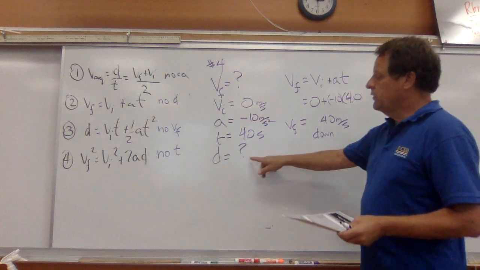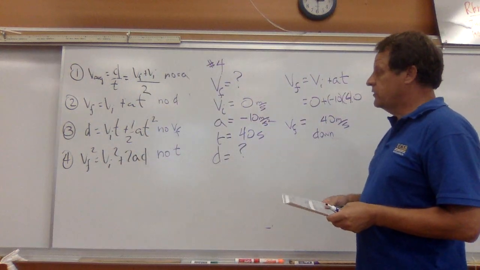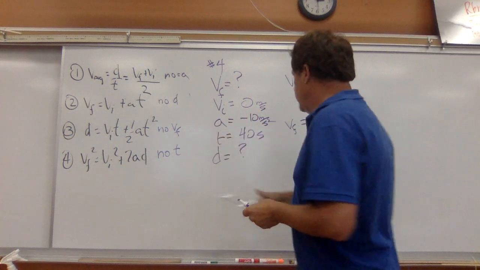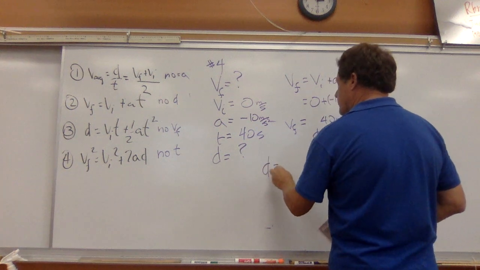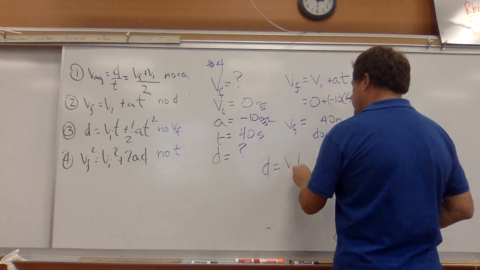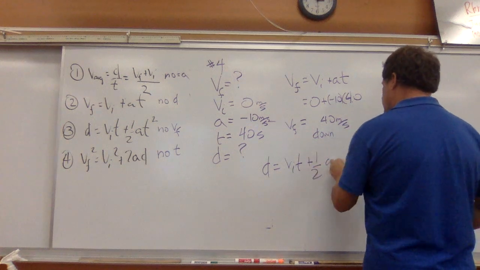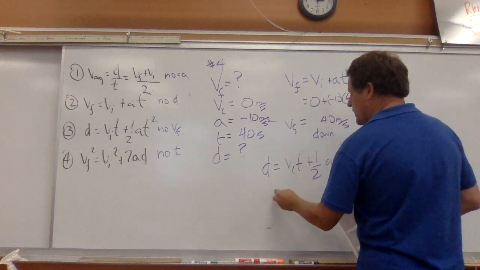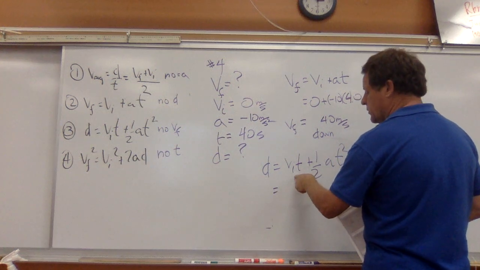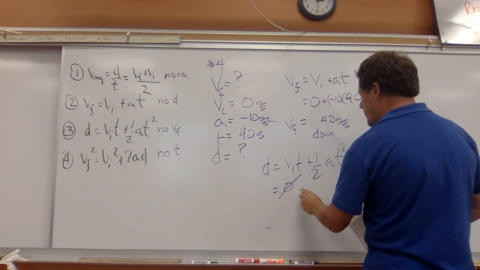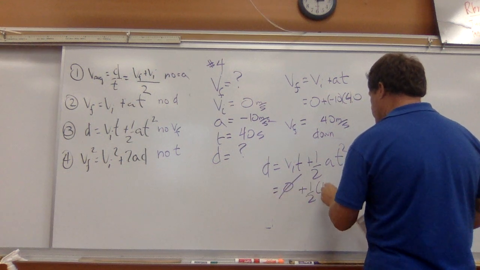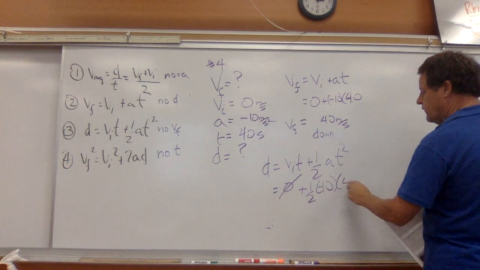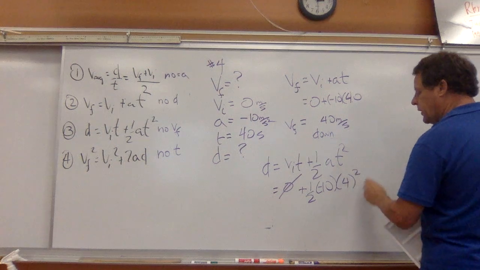Now the next thing we're looking for is this distance. If we look at equation number 3, we can get distance or displacement equal to VIT plus 1/2 AT squared. Again, the initial velocity is 0, so that's going to go away, plus 1/2 times negative 10 times 4 squared.